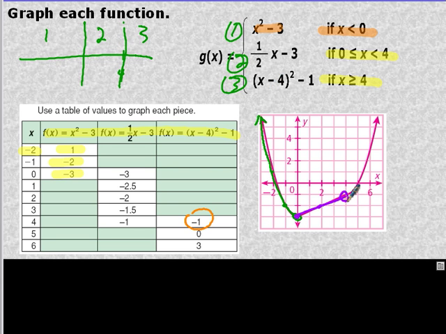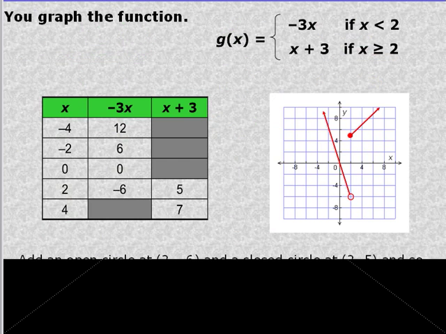Notice how these points actually are at the same spot. It doesn't always happen like this, but in this case it does. So this one would be a closed circle, and then they did 5 and 6, so we have 0 and then 3, and that's our function. It looks funny, but that would be the graph of a piecewise function.